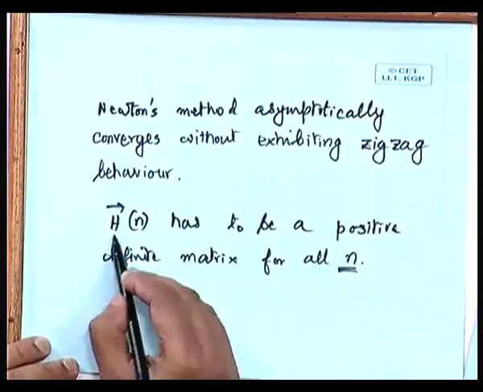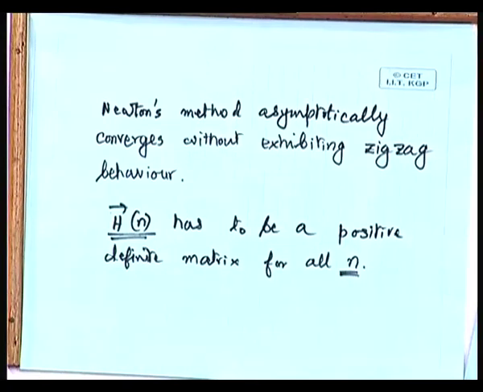Now, this is something which should be noted, that when I say that H n has to be a positive definite matrix for all n, it is not really possible for us to guarantee that it will be positive definite for all the iterations. Maybe we start with a Hessian matrix that is positive definite. So, H 0 we can control, because H 0 is our initial guess, but we never know what H n is ultimately going to be, because H n is very much dependent upon the iteration that progresses.